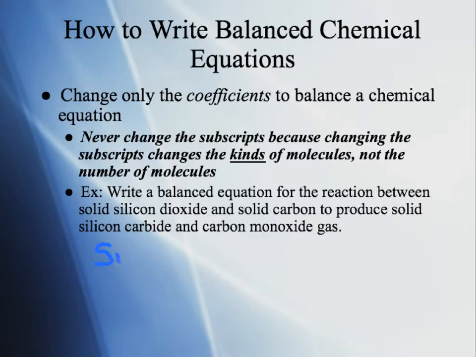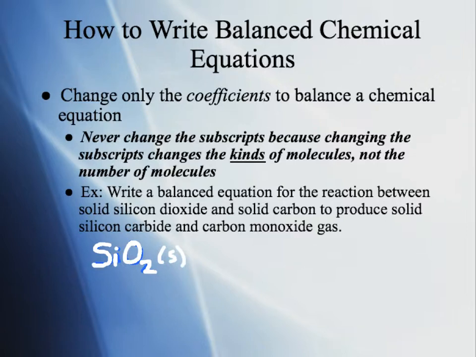So we have silicon, and then dioxide means O2. So silicon dioxide. Let me do that in white since the blue's not really showing up. There we go. Silicon dioxide, and it says solid, so we're going to put a little S behind it.